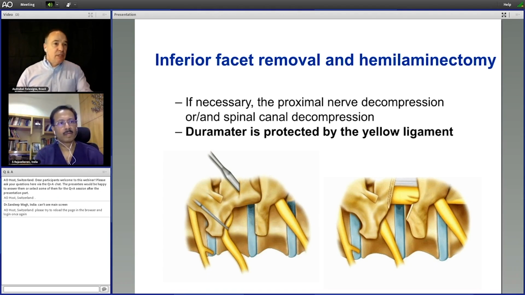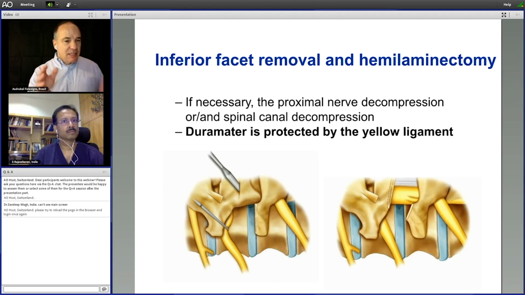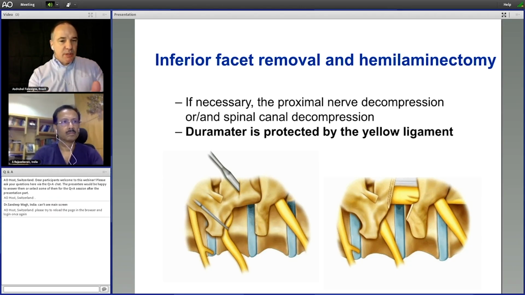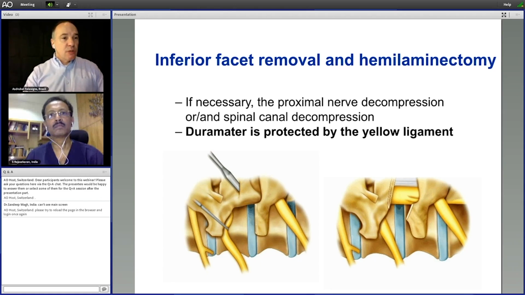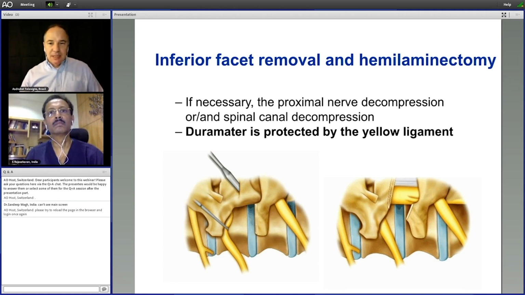And always during this decompression, the dura mater is protected by the yellow ligament. So I totally agree with Bastian. With this far lateral approach, we stay away from the dura, and we are also protected by the yellow ligament.